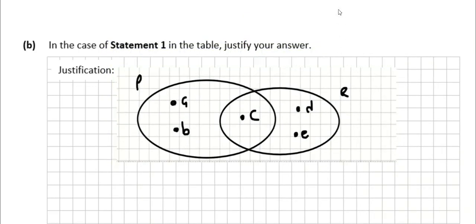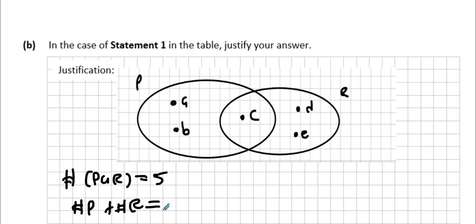So what we say here is hashtag P union Q equals 5. Hashtag P plus hashtag Q is equal to 3 plus 3, which equals 6. So currently they are not equal.